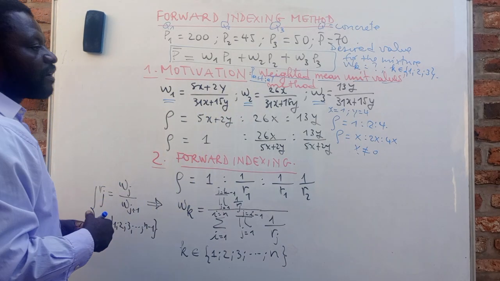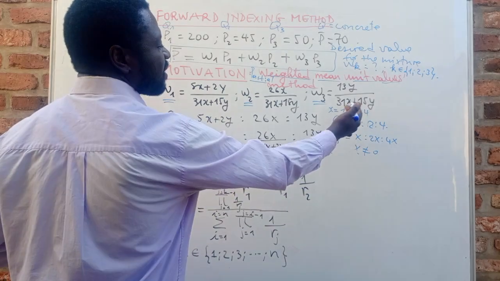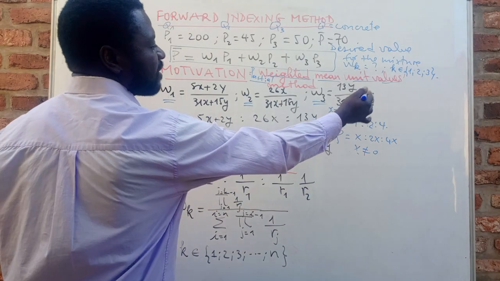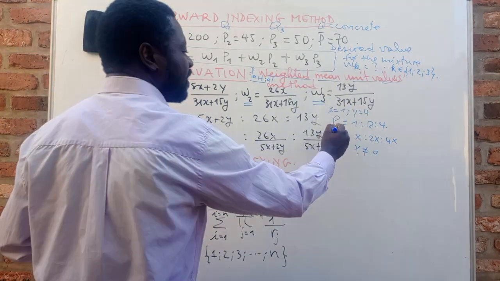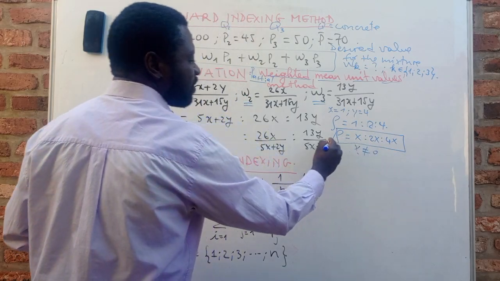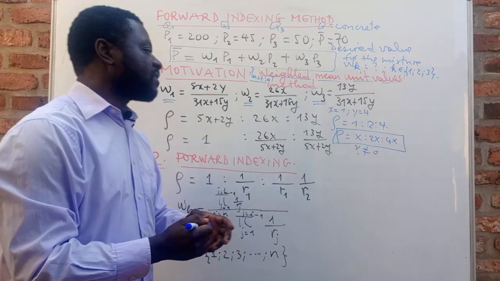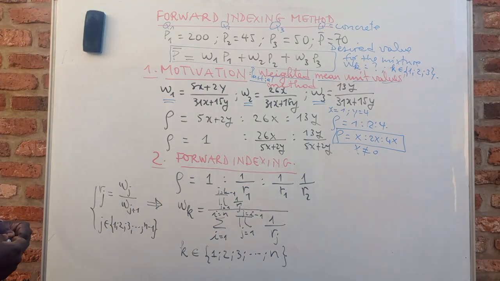We may associate other values of x and y and get a different value, so we have so many solutions.